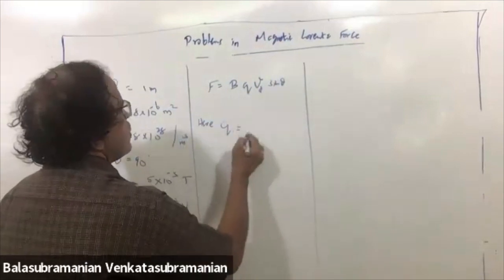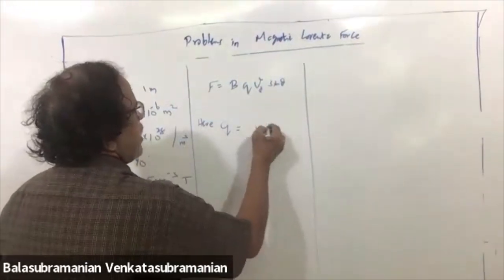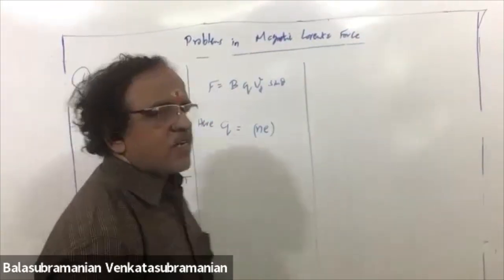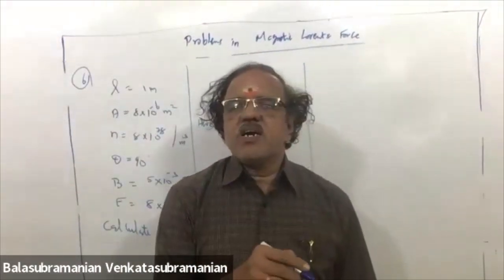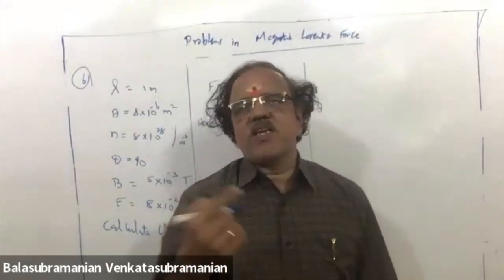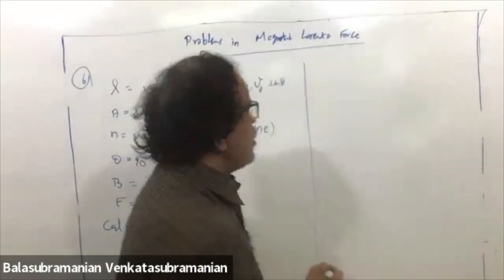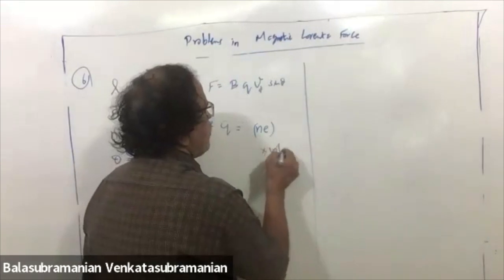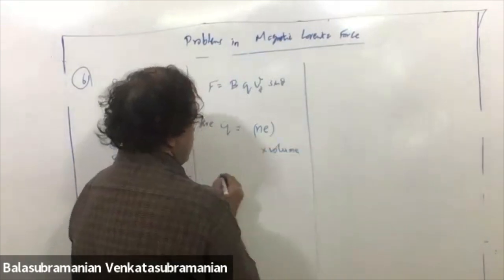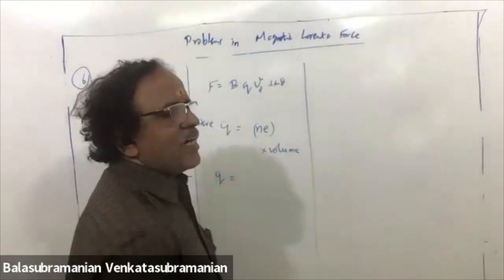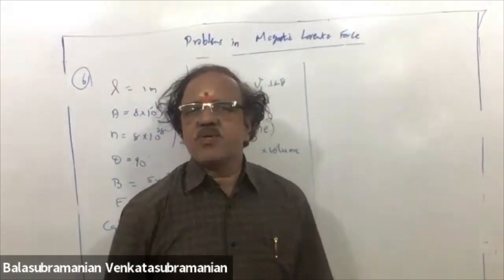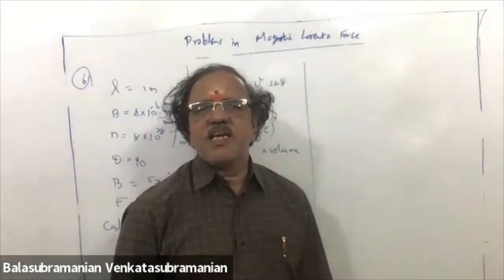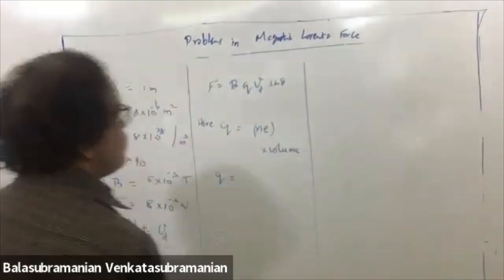Q is Ne, actually number of electrons into charge. But copper wire length and area given, so we have to multiply by volume of the wire. If length and area not given, we can take it as 1. Directly we can substitute. Here area and length given.